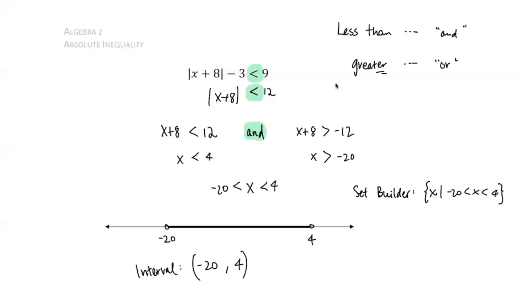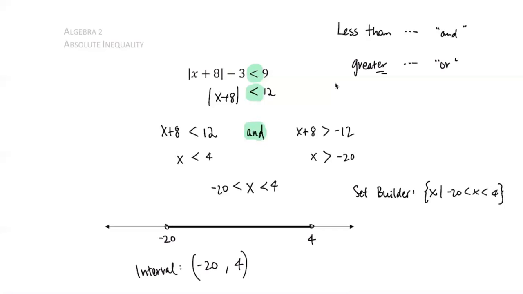Now, whenever there's an and relationship here, we will always put them together into what we call a compound inequality. Just put both inequalities together. That would be less writing, more convenient, easy to understand.